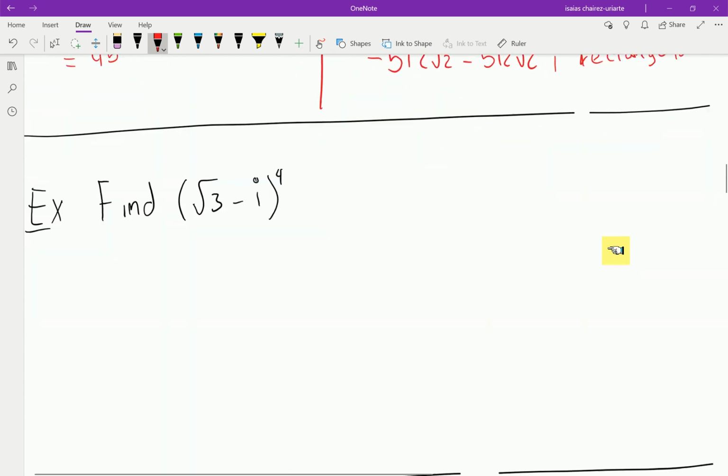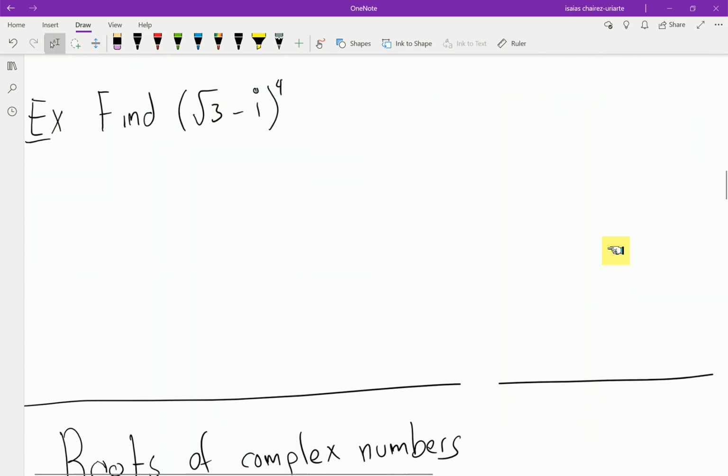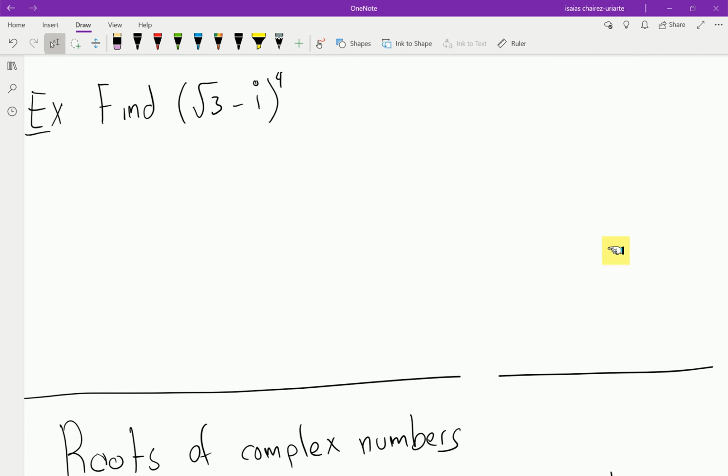Let's do the same thing for this exercise. So pause the video and give yourself the opportunity to try this one. So raise this complex number to the 4th power. Okay.